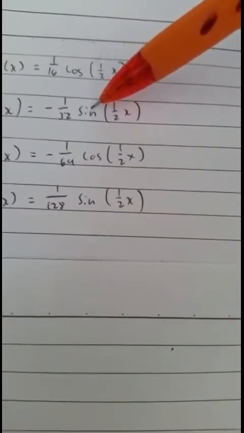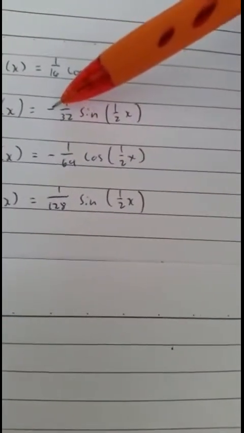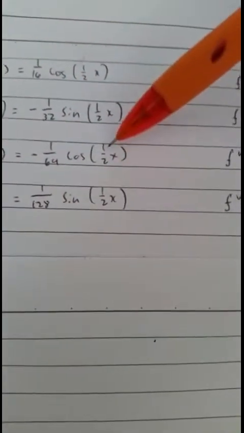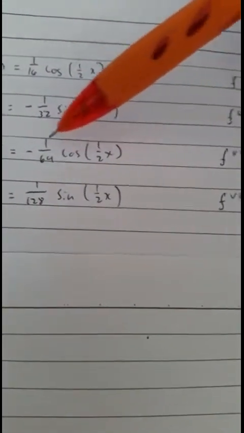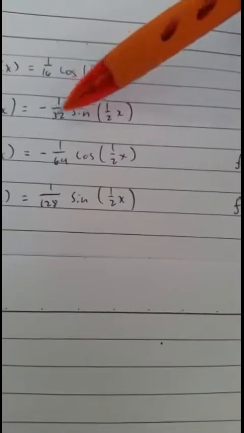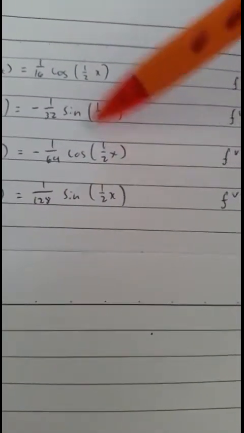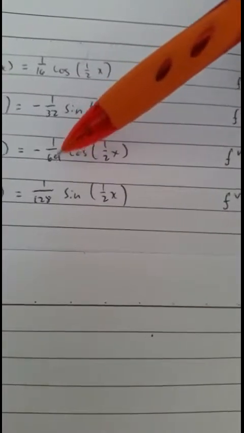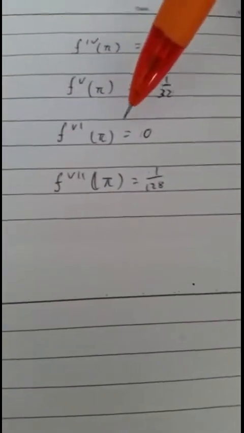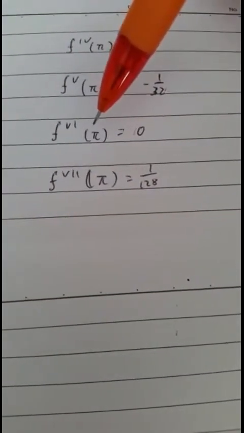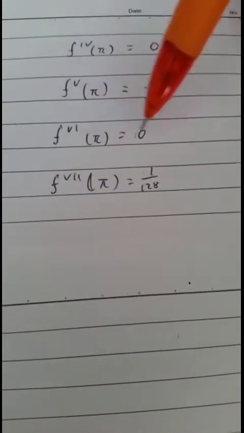Sine differentiated gives us cosine. The sign never changes. Whatever is inside the bracket remains the same, and whatever is outside will be multiplied by the half, which gives us negative 1 over 64. The a value of this function of the 6th derivative is 0.